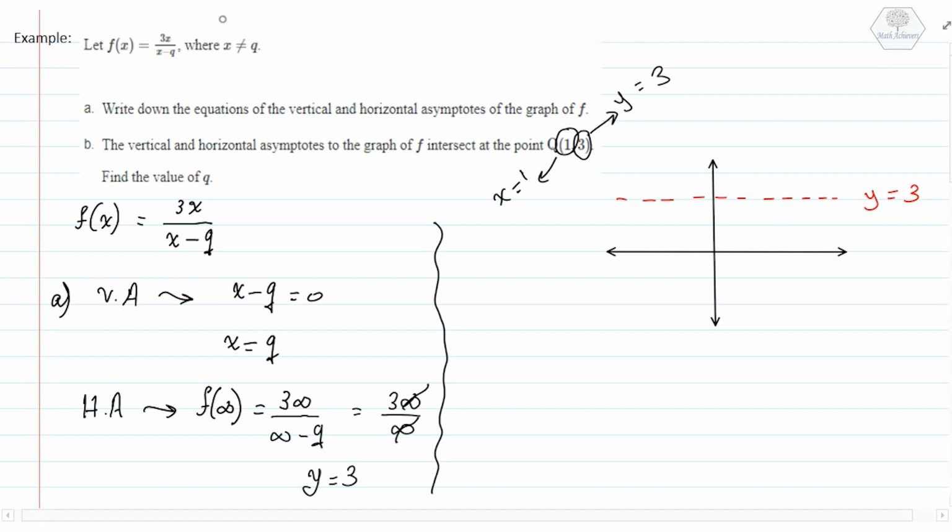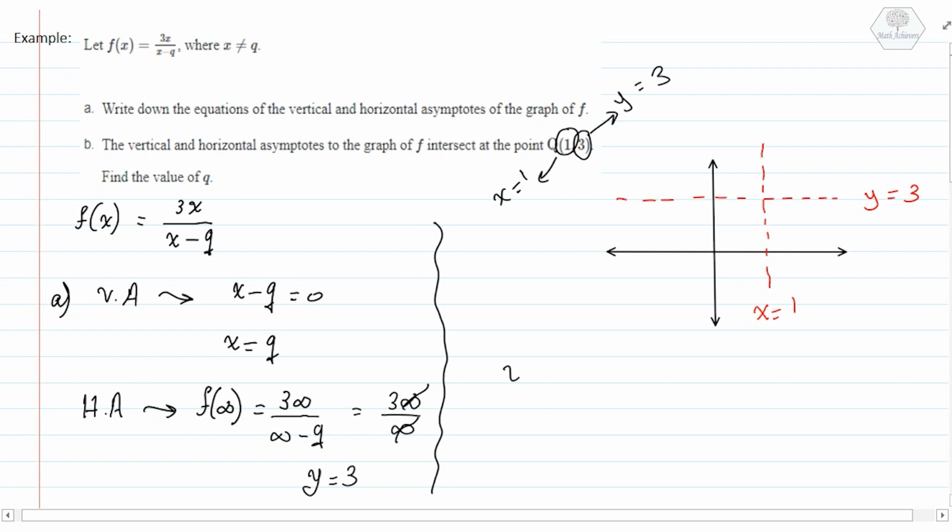So my equation for the vertical asymptote is x equal to 1. Part B wants to find the value of q.